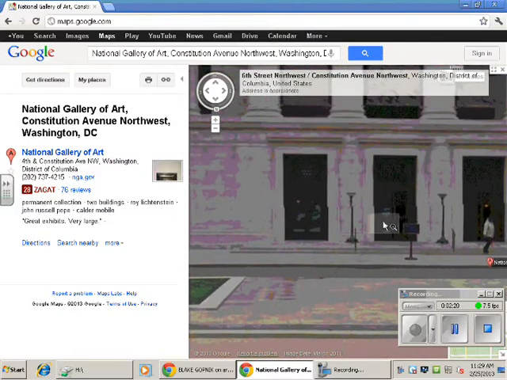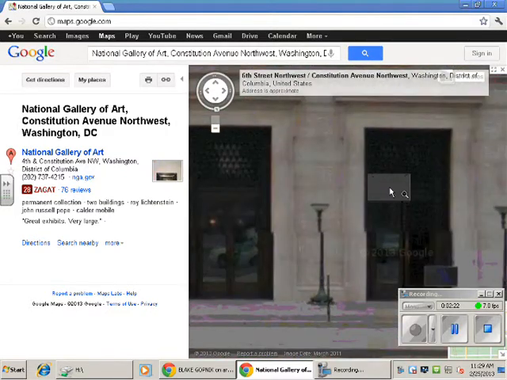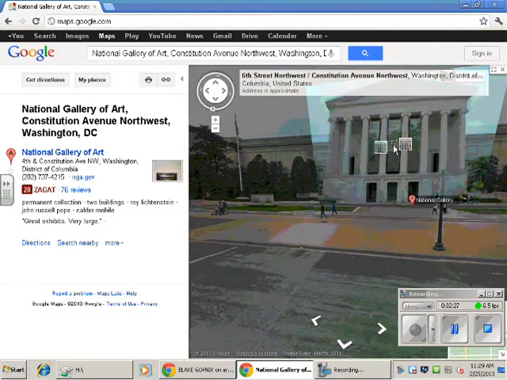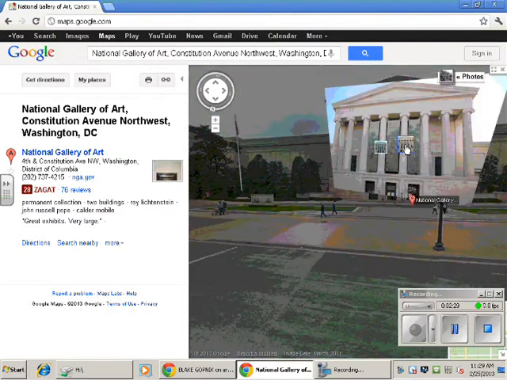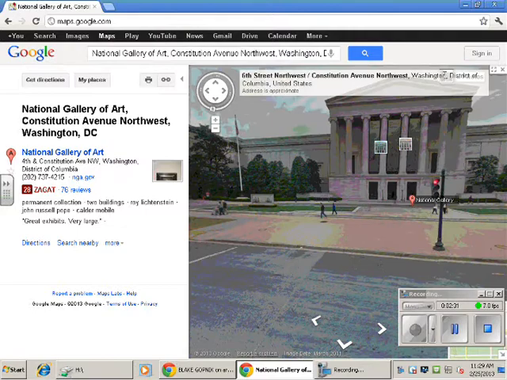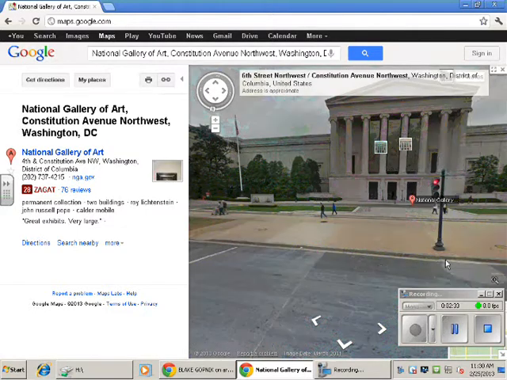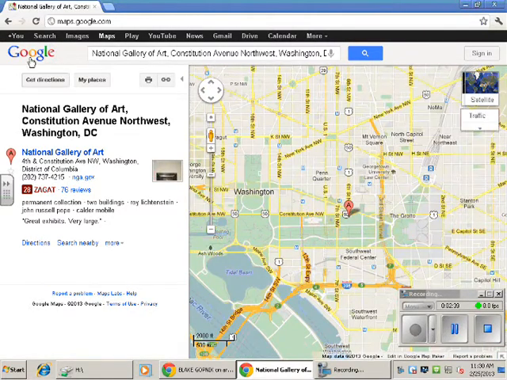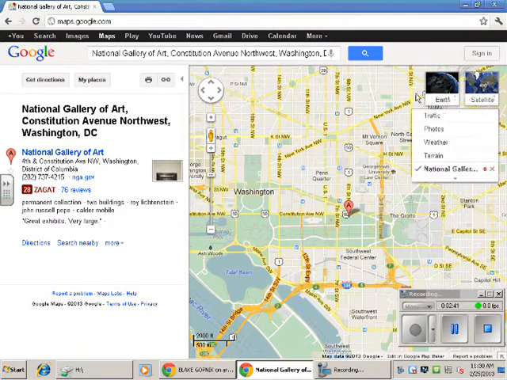I got in as close as I could, and there's a couple pictures that you could hover over, and then I could click on other stuff. So that's how I figured out where I was going to place it.